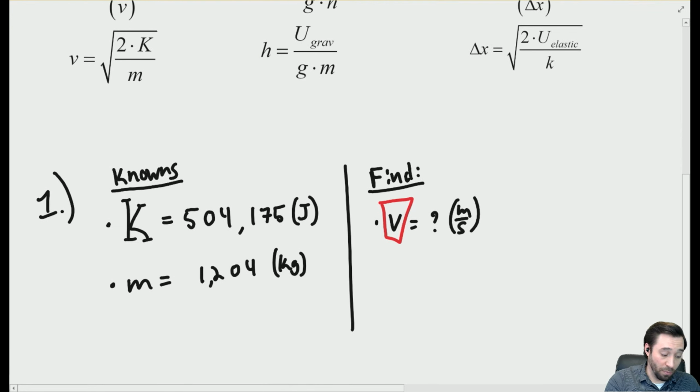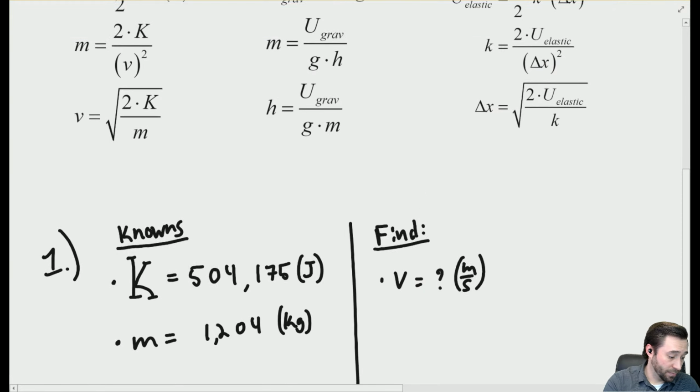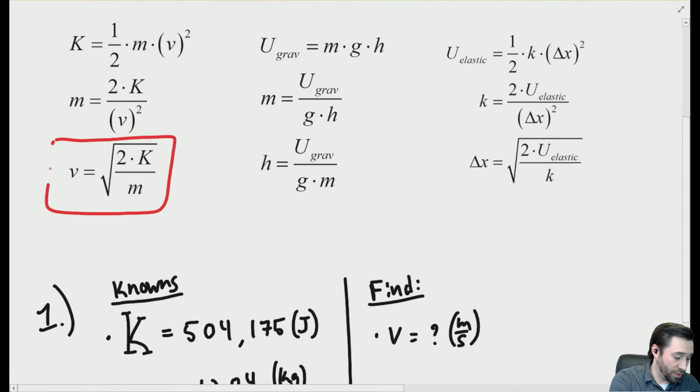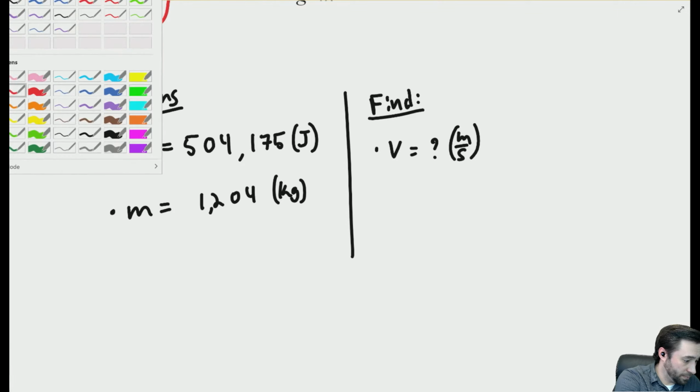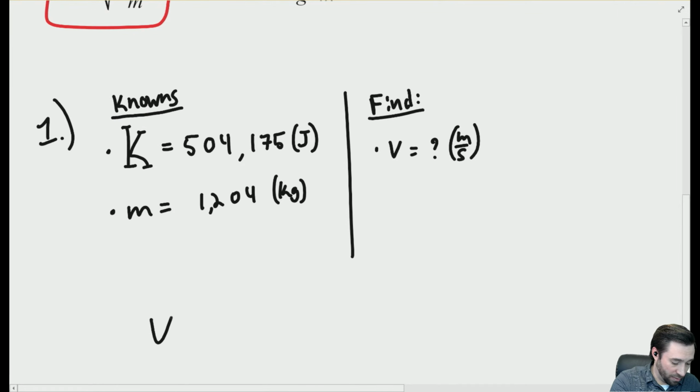So, for my first question, because I think the order of the questions is flipped around for some of you guys, I'm solving for velocity first. So that is going to be this equation here. So the equation is going to be velocity equals the square root of 2 times the kinetic energy over the mass.